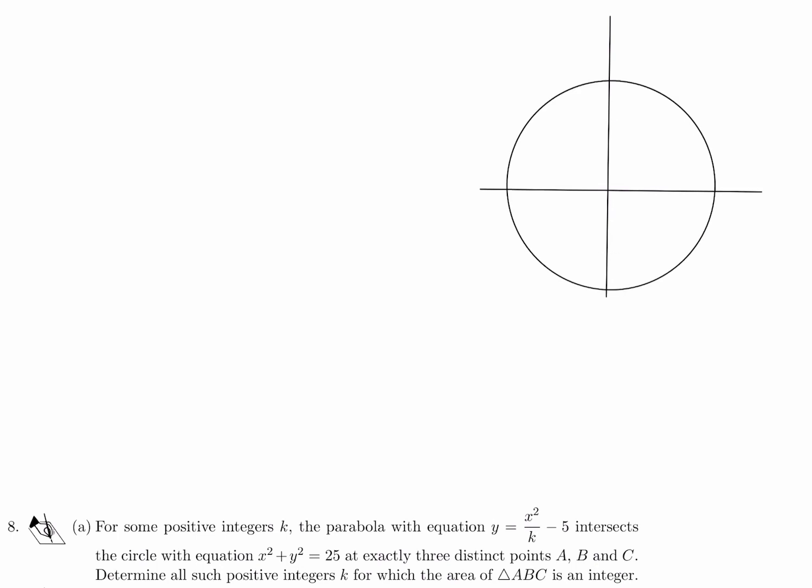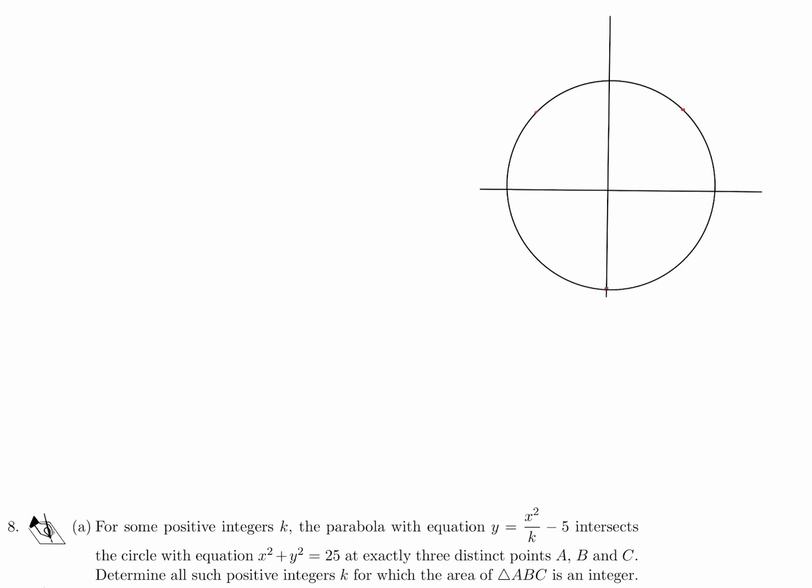And then you've got some parabola, and it's going to touch in exactly 3 distinct points. So what I'm thinking is going to be something like this. So 1 point here, 1 point there, 1 point there. So 3 distinct points, and when you join them, obviously, they will form a triangle.